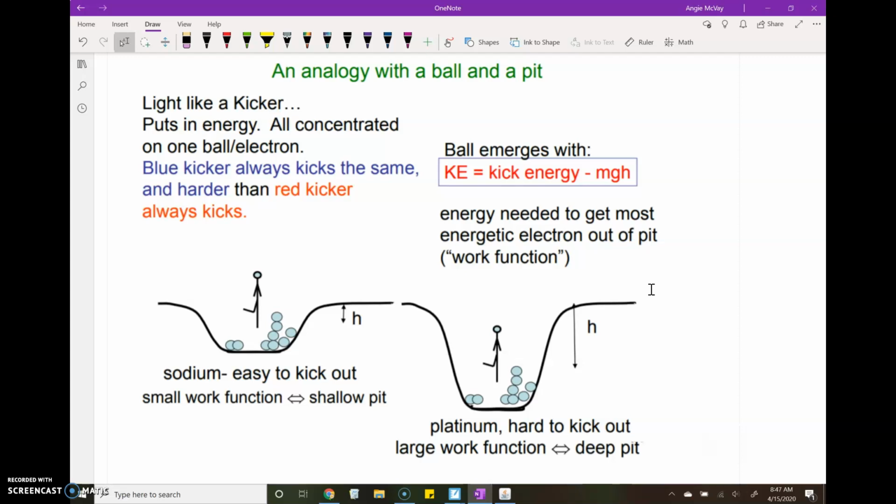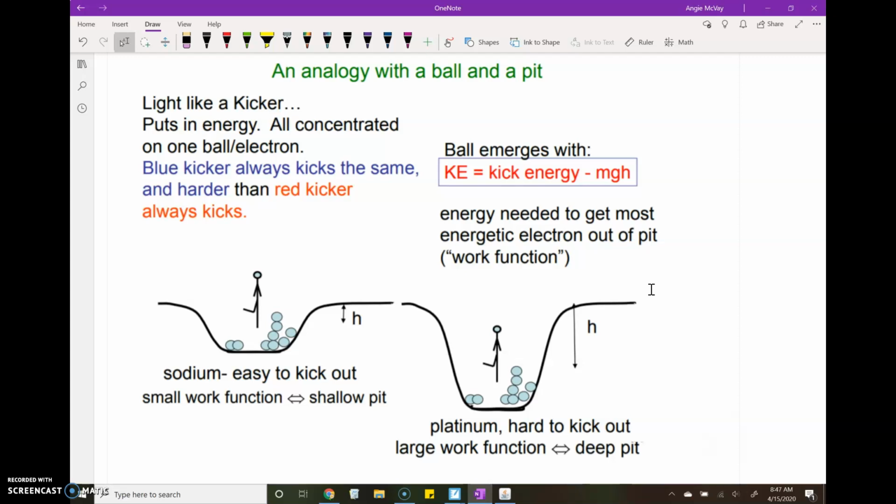We can pretend that the photons are like the kicker. They're the things giving the energy to the electrons. And the ball is like the electron. It is the thing down in the pit that is gaining the energy from the photons.